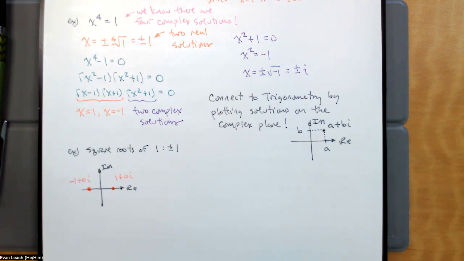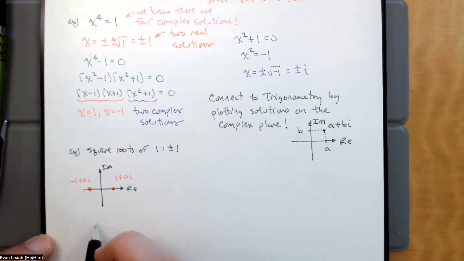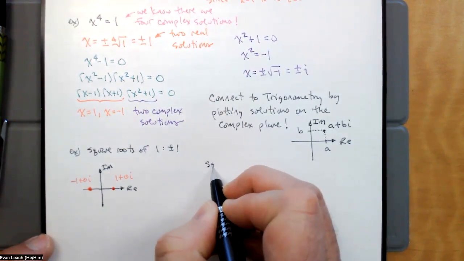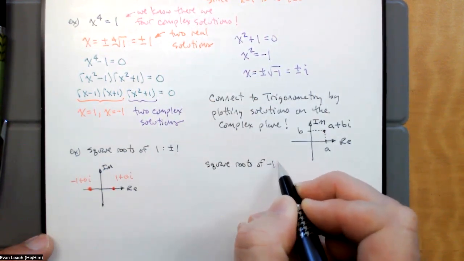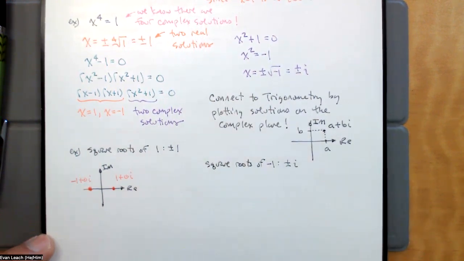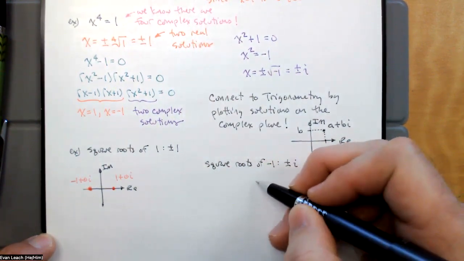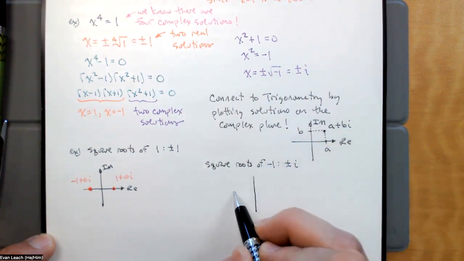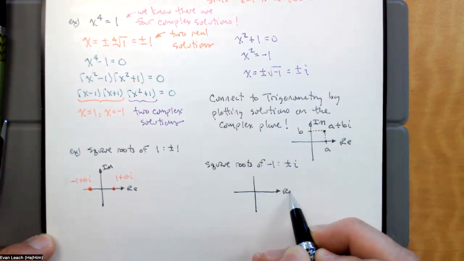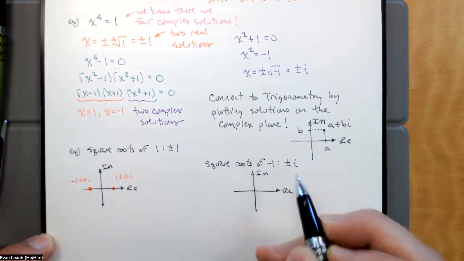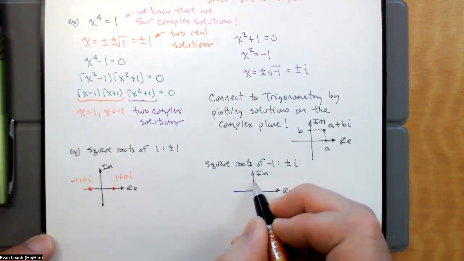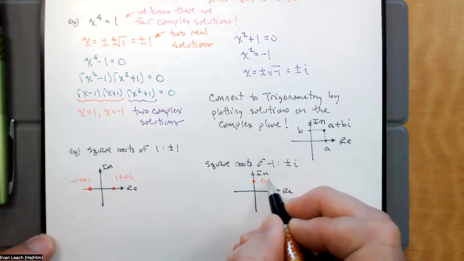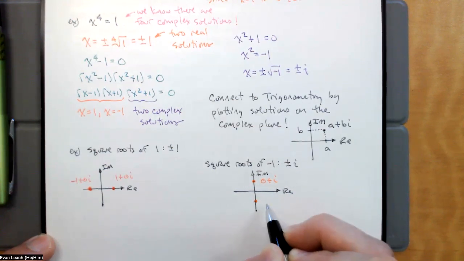The square roots of -1 were plus or minus i. So I'm going to plot those on our complex plane. Zero plus i and 0 minus i.